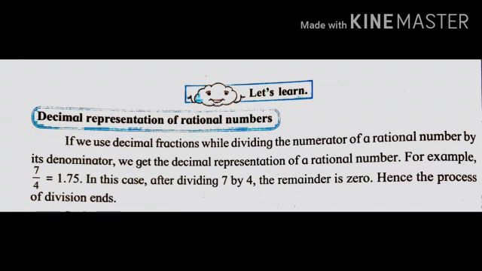If the numerator of a rational number is divided by the denominator, the answer we get after dividing is the decimal representation of that rational number.